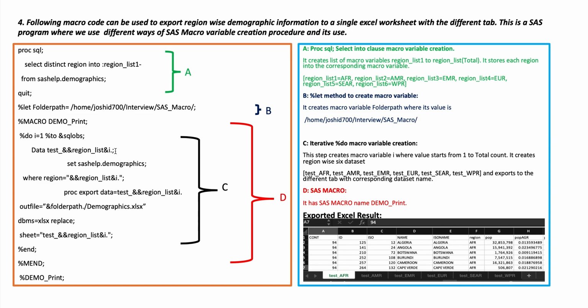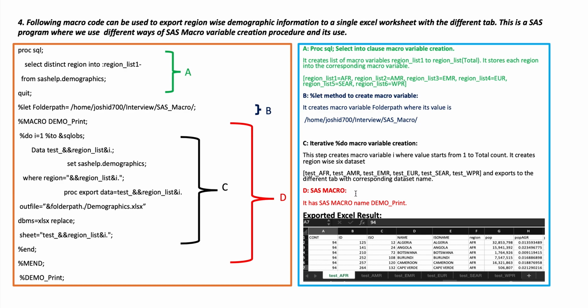That's the first region. Similarly, when the value of I equals 2, this becomes test_AMR. When its value is 3, this becomes test_EMR. In this way, it resolves the value of I from 1 to 6.